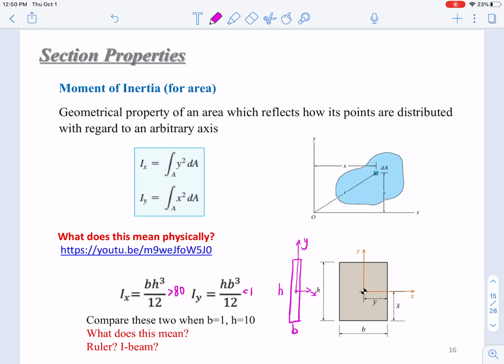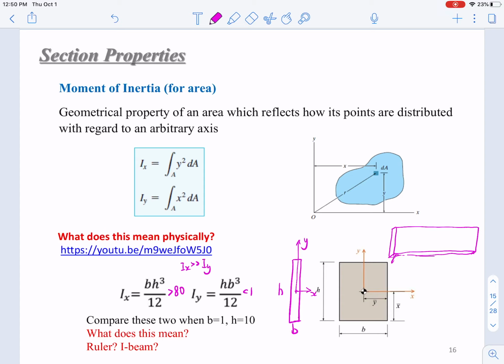This time the Ix is much larger than Iy. So what does this mean? Look at this area. If you use it as a cross section of a beam and load it in this way, consider that this is a deep beam with a cross section like this.